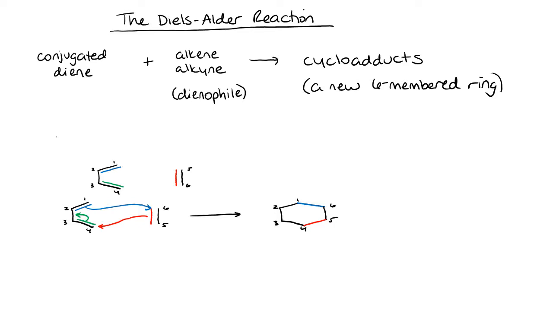And our green pi electrons have just shifted over to become a double bond between carbon 2 and 3. So we have formed a six-membered ring as a result of this reaction. Now this is a concerted reaction, which means all of this electron movement is happening at the same time. It's also a stereospecific reaction, which we'll see in a second.